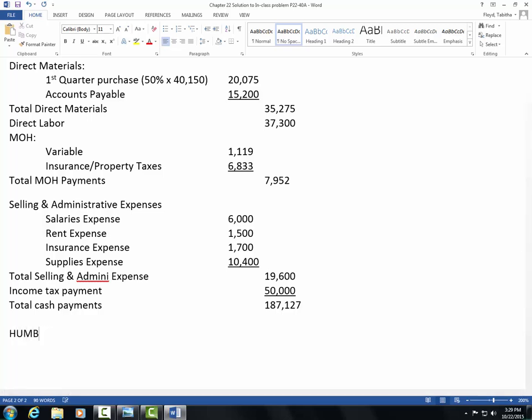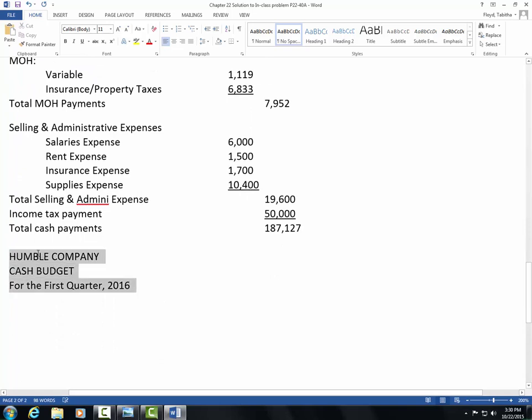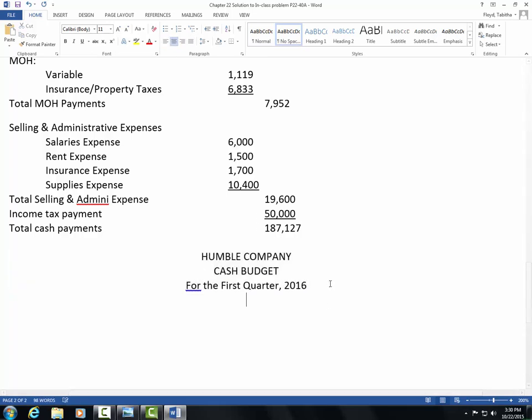You're going to start with a company name, what budget we're doing, and what period. First quarter 2016. And your cash budget is going to start with your beginning cash balance.